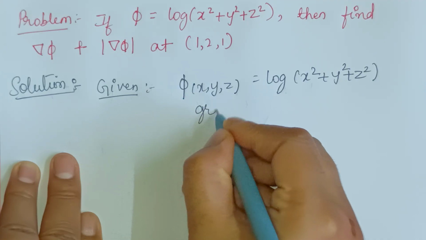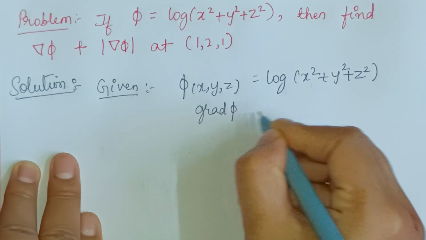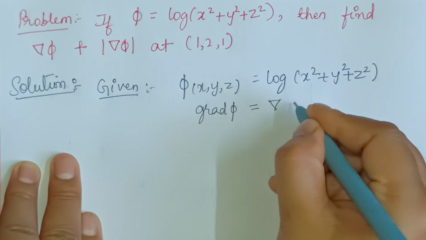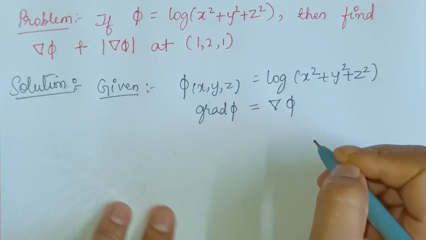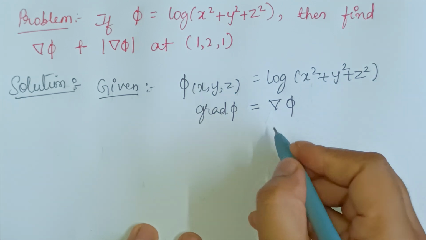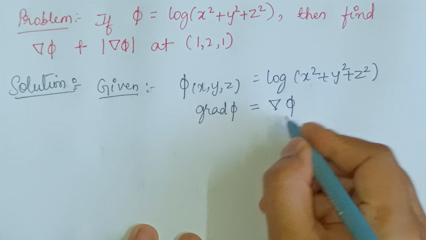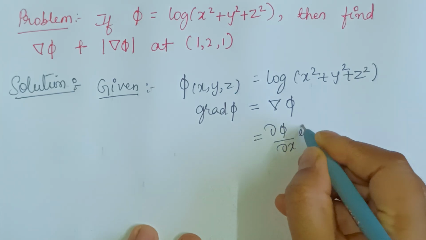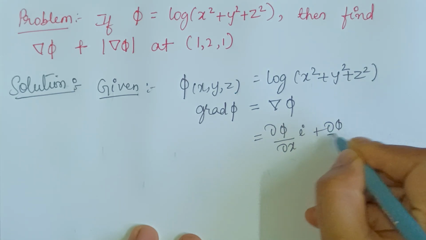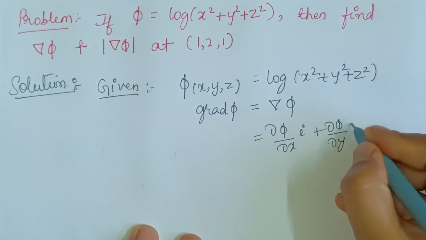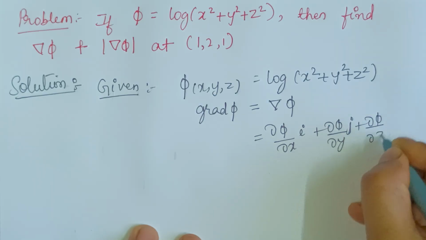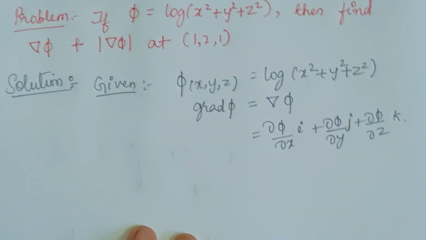So this we already know. Gradient phi, grad phi, is also represented as del phi, isn't it? So del phi can be written as dou phi by dou x into i plus dou phi by dou y into j plus dou phi by dou z into k, right?